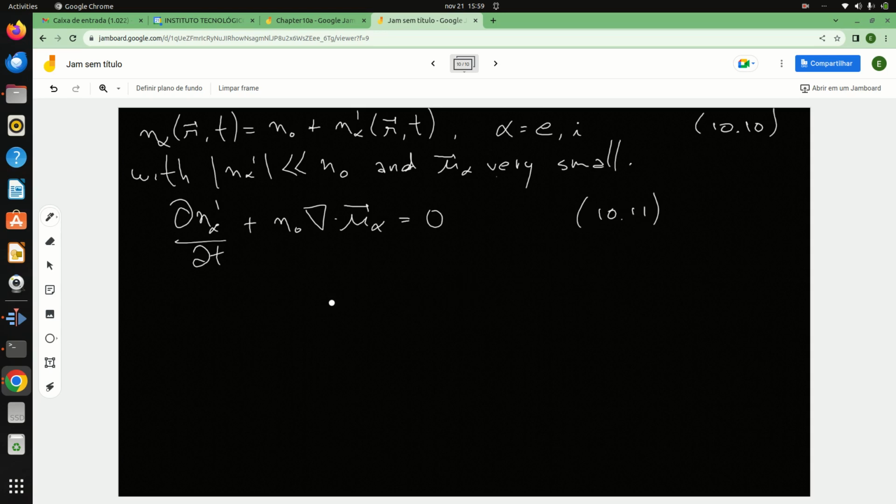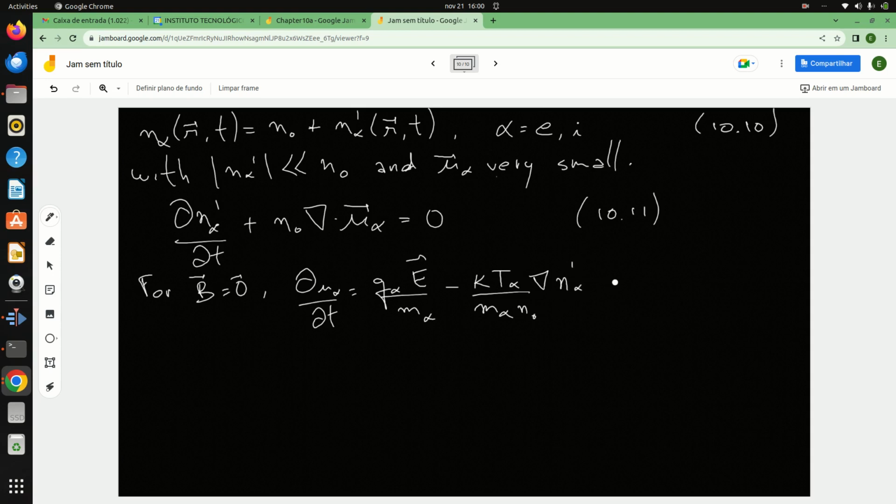And the linearized momentum equation with a constant temperature and zero magnetic field, B equal to 0, the momentum equation will be this. The linearized momentum equation, we have this for the electric force, the pressure for constant temperature, again the state equation for pressure, and the collisional term.